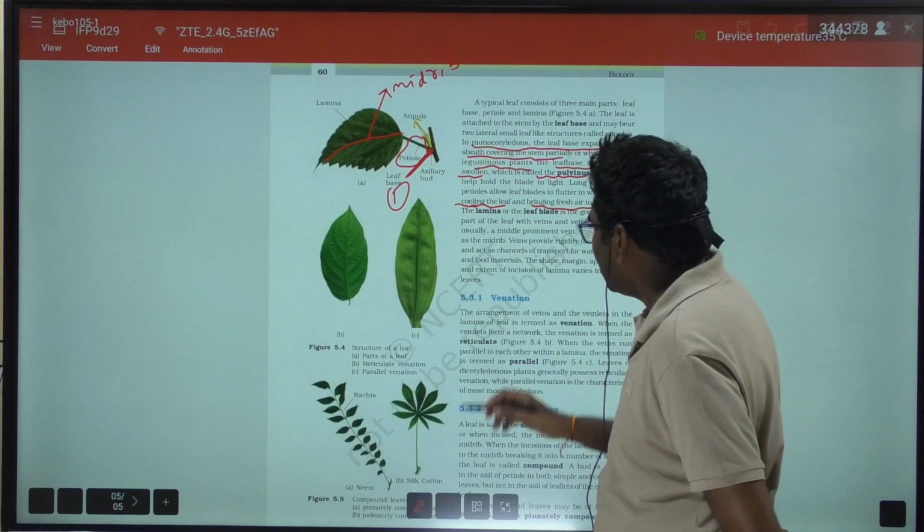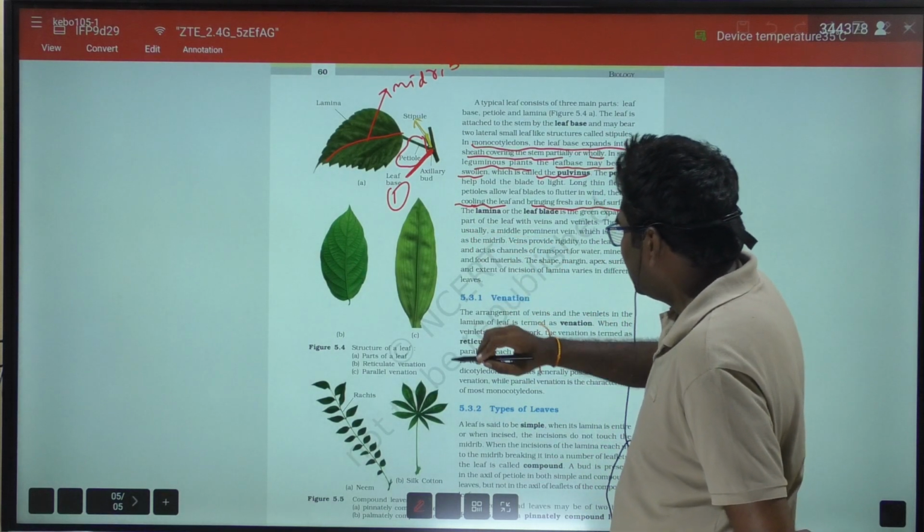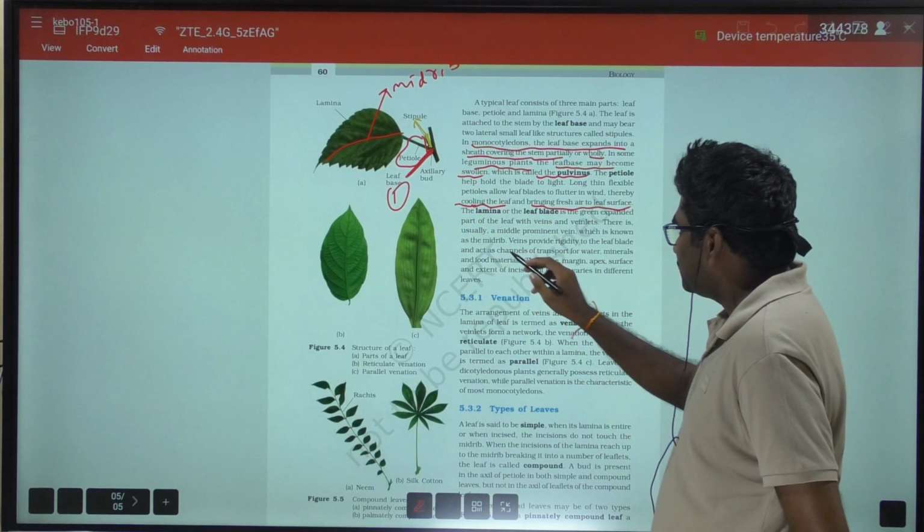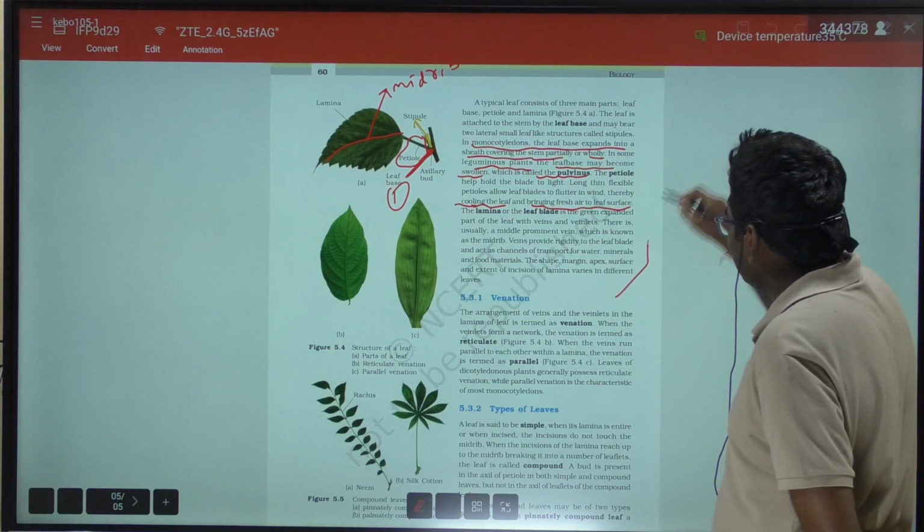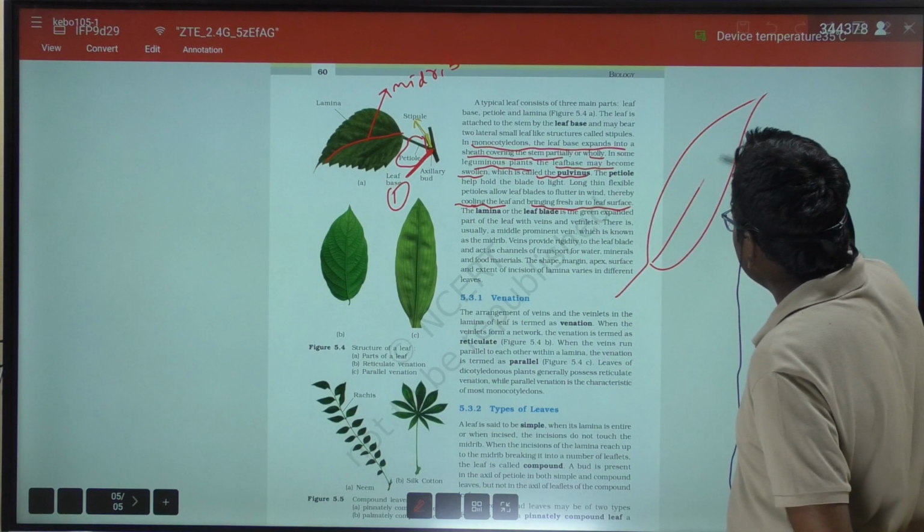The lamina or leaf blade is the green expanded part of the leaf, which bears veins and veinlets.